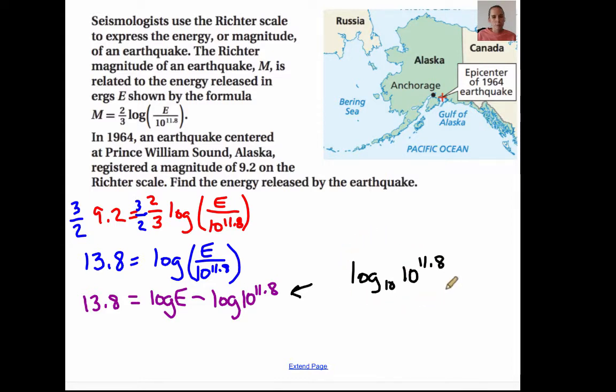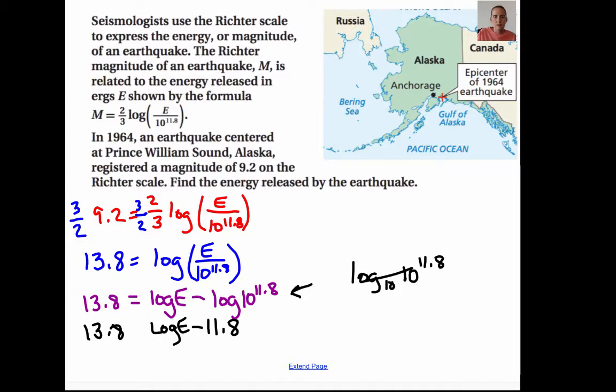Well, we talked about a property with this one. If the base is the same as this base, then they just cancel out and I'll have 11.8. So here I have log E minus 11.8, and of course 13.8 on this side.